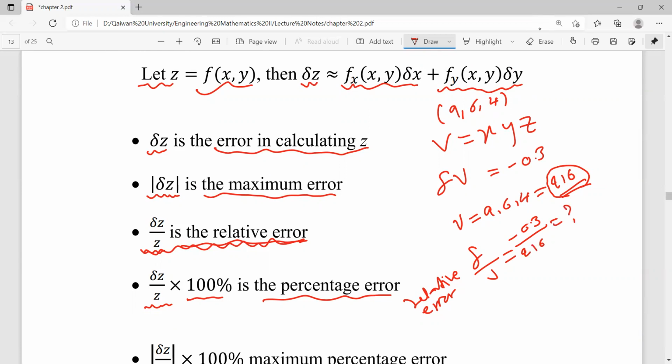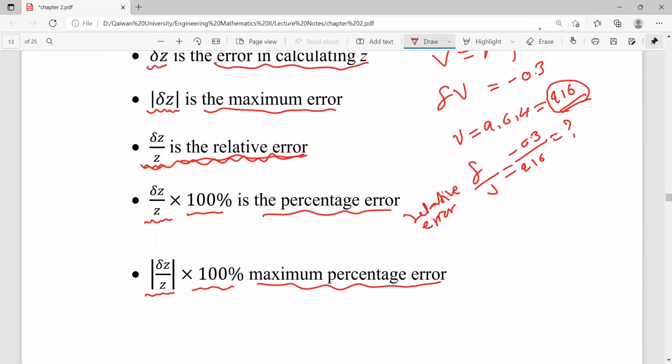You get the result. How about the percentage error? If you want to find the percentage error, what do we say? We say it equals dv. Here in this example we have dv, but in the above one we have dz, with delta z.